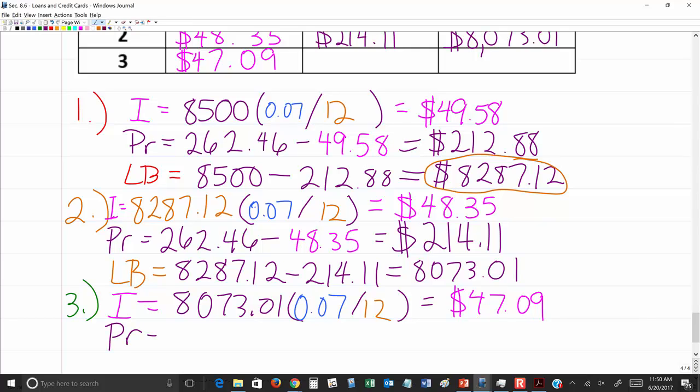So for the amount from your payment that goes to principal, again, your payment amount is still the same, and then you just subtract that interest amount. So that's $215.37.